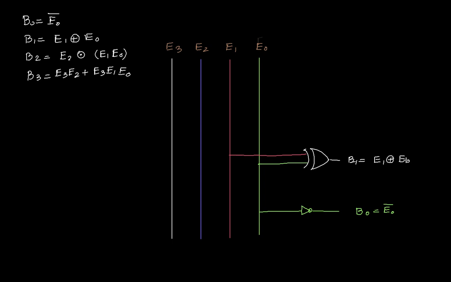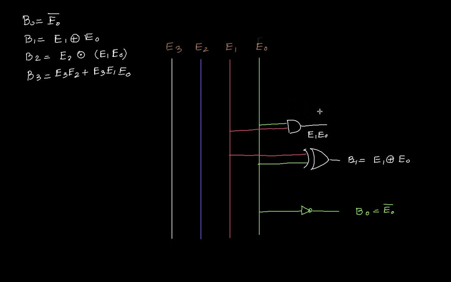Like that, if we want to find B2, it is E2 XNOR E1 and E naught. So E1 and E naught are ANDed. Make one AND gate, so this becomes E1 E naught.